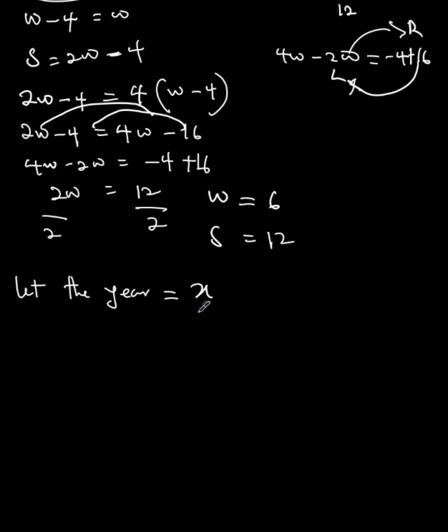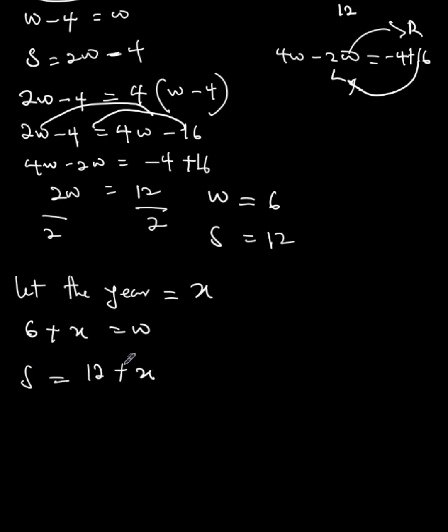Now, in that year, let's say it's 30 years time or 20 years time, what will be the age of Wally? Wally is 6 years now, right? So that will be 6 plus that year, which is X. This is Wally. Sonny will be 12 plus that year, right?